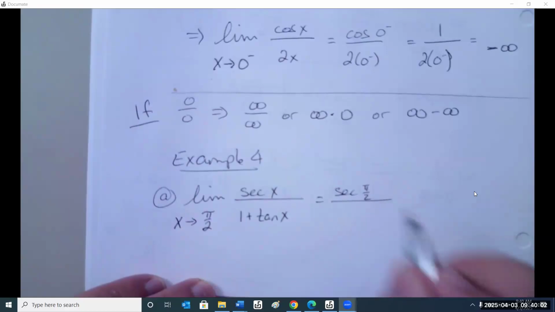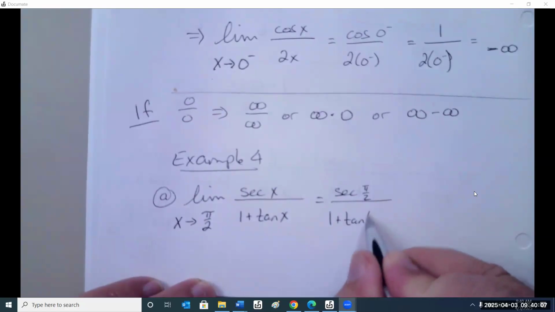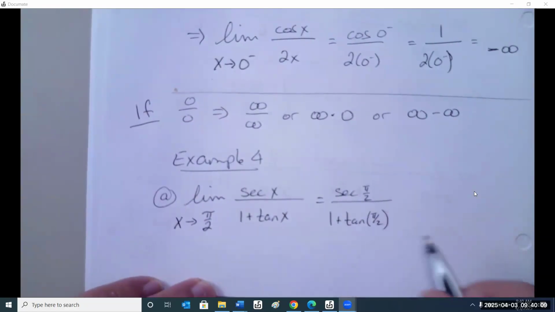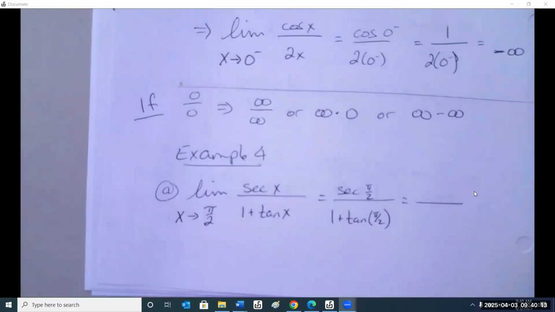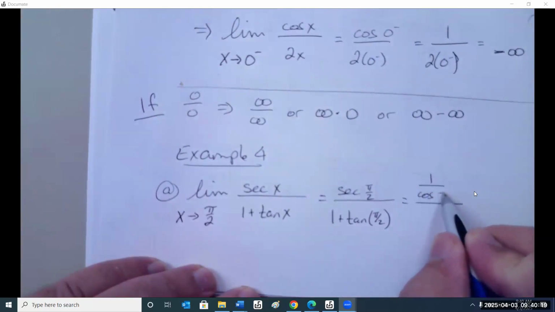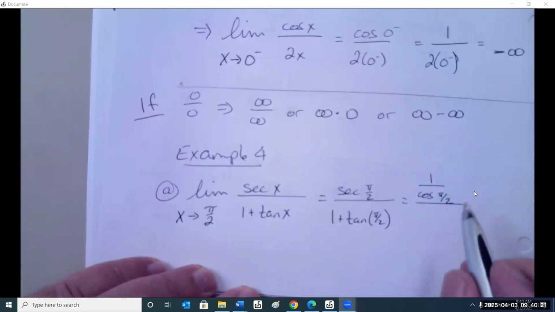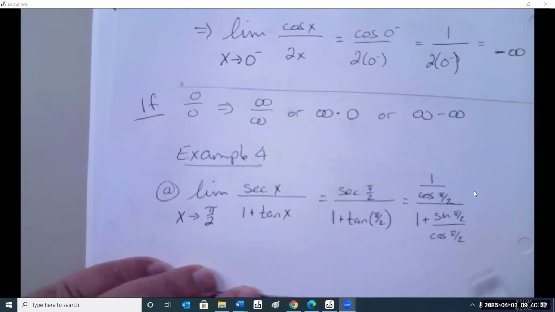Secant of pi over 2 over 1 plus tangent pi over 2. What is secant? 1 over cosine. And tangent is sine over cosine. So sine pi over 2 over cosine pi over 2.